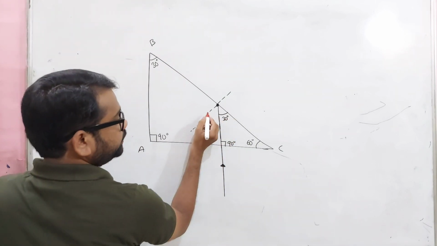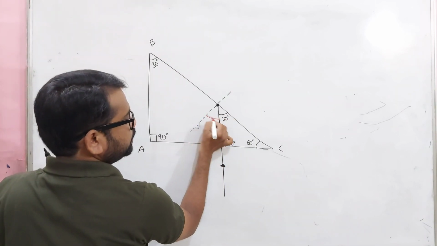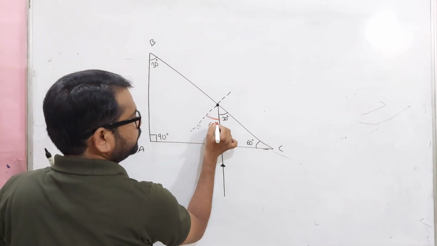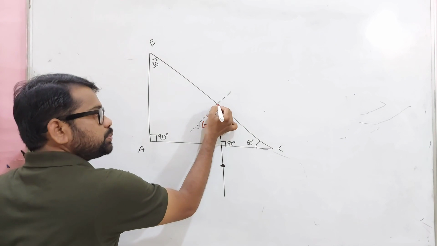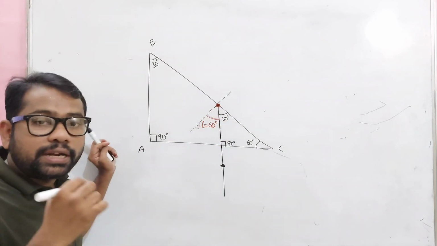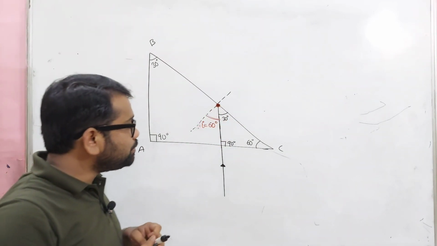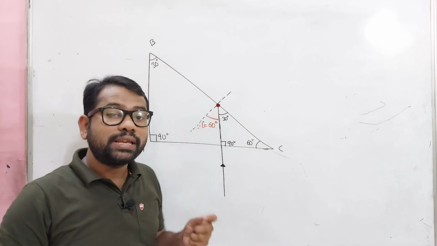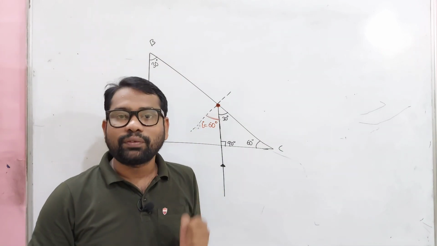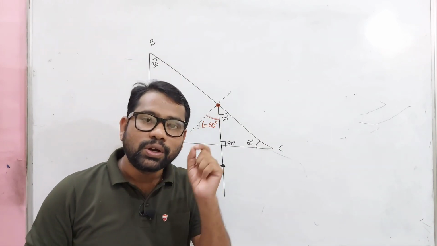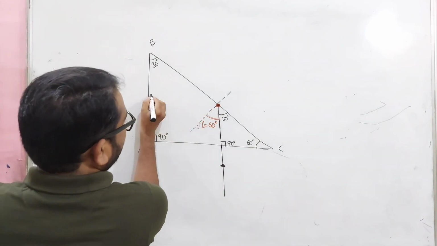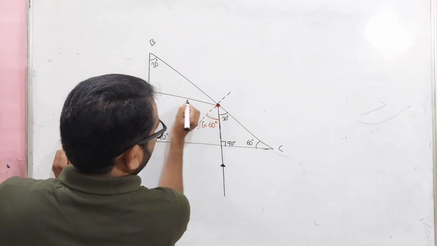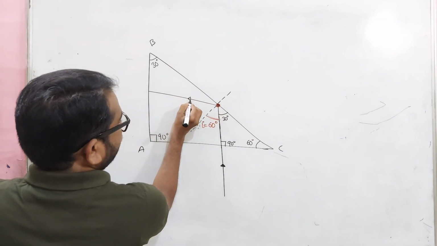But dear children, this will be 60 degrees. So the angle of incidence is 60 degrees. At this point, light is moving from denser to rarer medium, and the angle of incidence is greater than the critical angle. Then light will undergo total internal reflection, so it will be totally internally reflected like this.